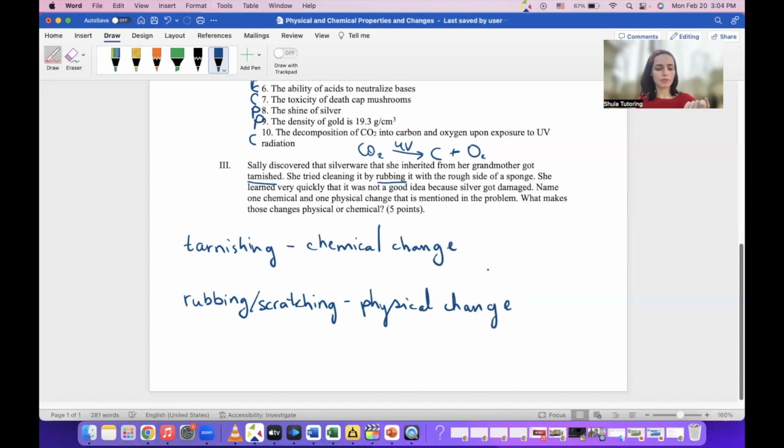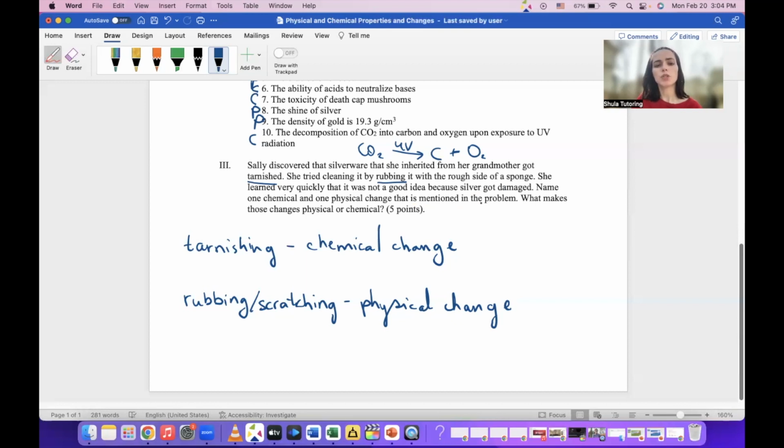If I take silver and I start scratching it, I don't change its chemical composition. It just goes from being, let's say, a normal shiny piece of silver to being a damaged piece of silver, but it's the same substance. So she tried to remove tarnish by scratching the silver, and it wasn't a good idea. So we did that part.